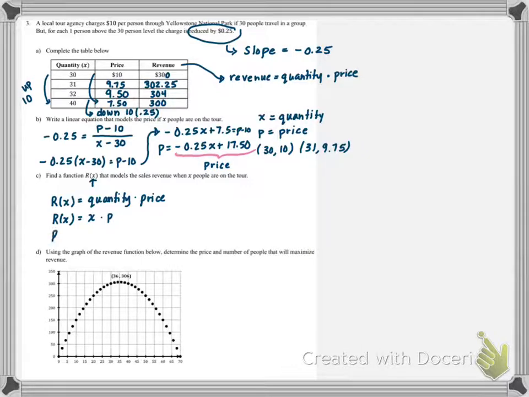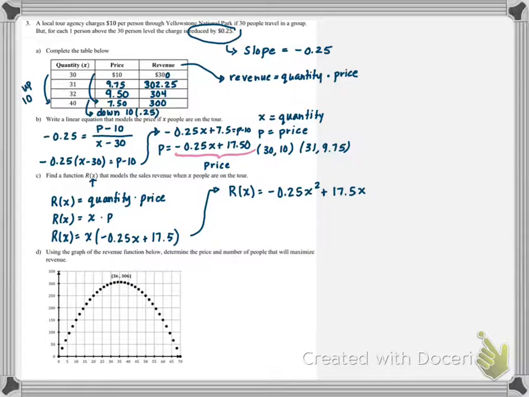So R of X is going to be equal to X times that whole expression for our price. So negative 0.25x squared plus 17.5x.